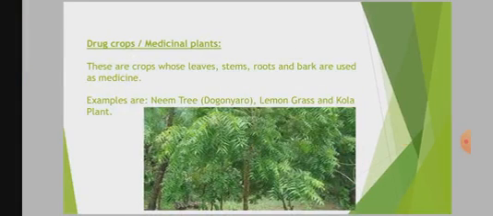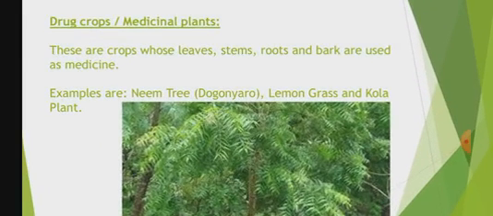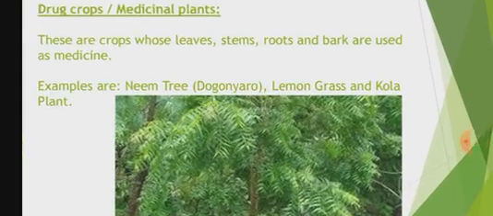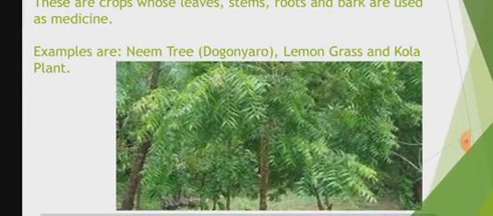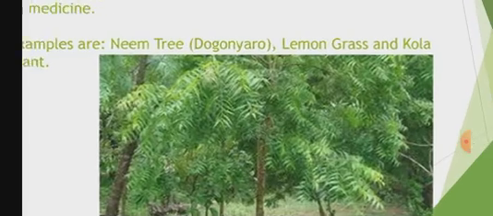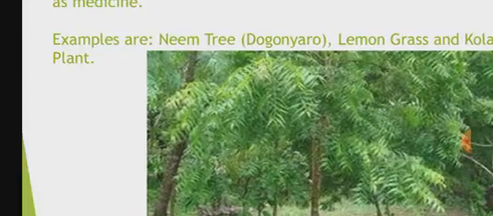Okay, then we have drug crops or medicinal plants. These are crops whose leaf, stems, roots, and bark are used as medicine. Examples are neem tree, commonly known as dongoyaro. We have lemongrass and we have kola plants.